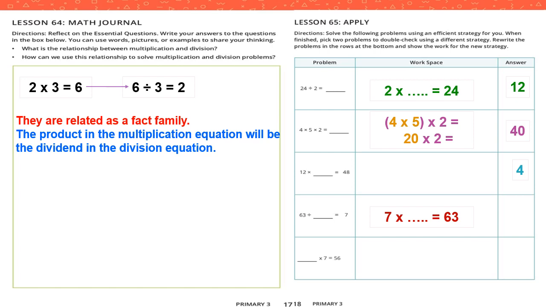From table 7, it's like 7 times what gives me 36? 9, yes. What times 6? What times 7 gives me 56? 8, yes, from table 7.